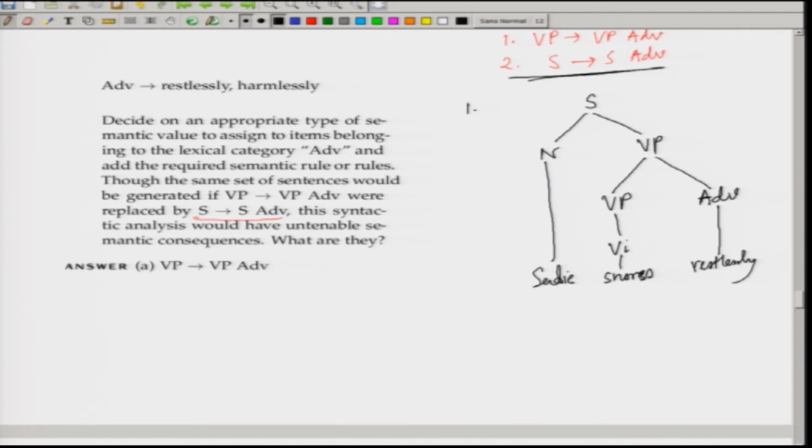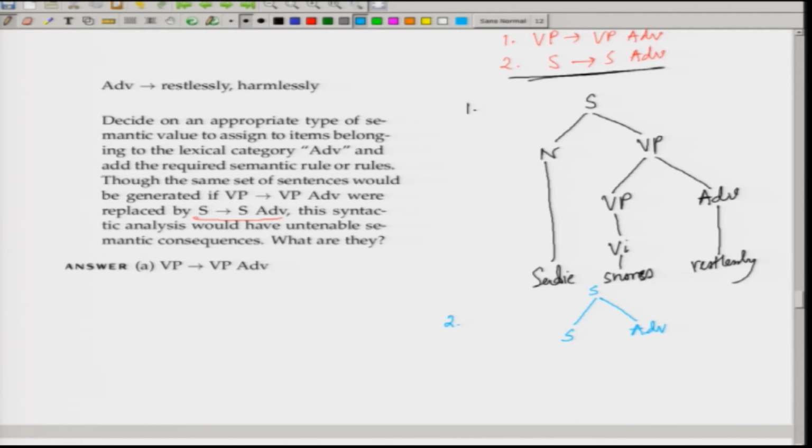So, this is one option, and according to the book the other option is something like this, that is S goes to S and ADV.